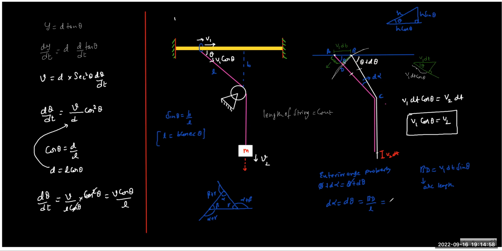Now BD I will write as V1 dt sin theta, and L we can write as B cosec theta, and you can now see clearly, d theta by dt is how much? V1 sine square theta by B. Is this clear, guys? How many of you are able to understand this?